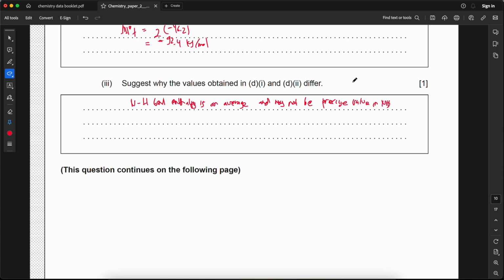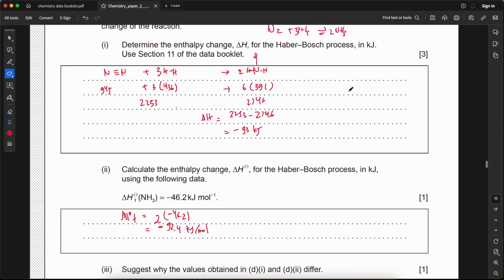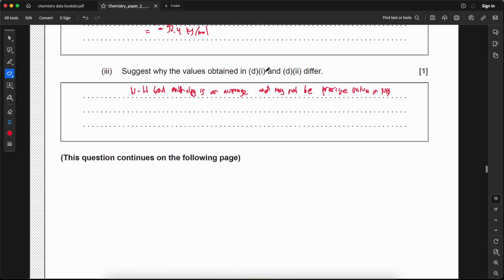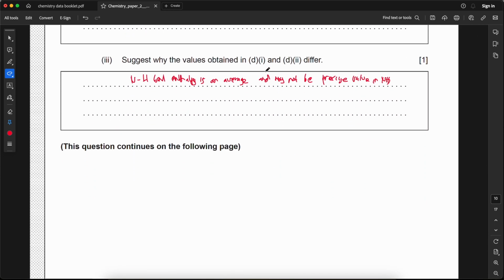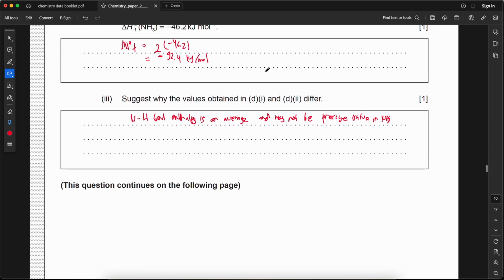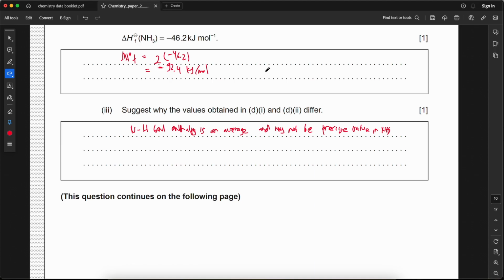Because in NH3 we have 3 N-H bonds, so it is using average bond enthalpy, so this is not as precise as if you calculate using the enthalpy of formation of NH3.